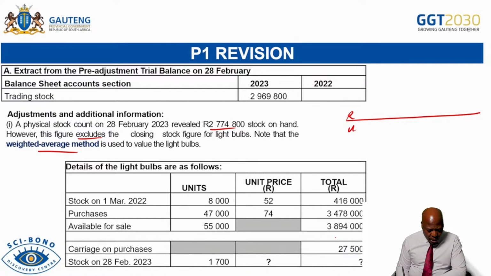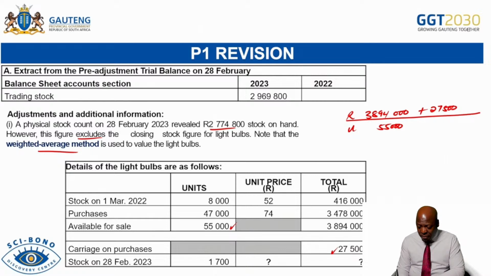So the stock that is available for sale is 3,894,000, and the number in units is 55,000. And then I'm going to say plus, because here I've been given carriage, which is 27.5. So I'll add my 27,500.